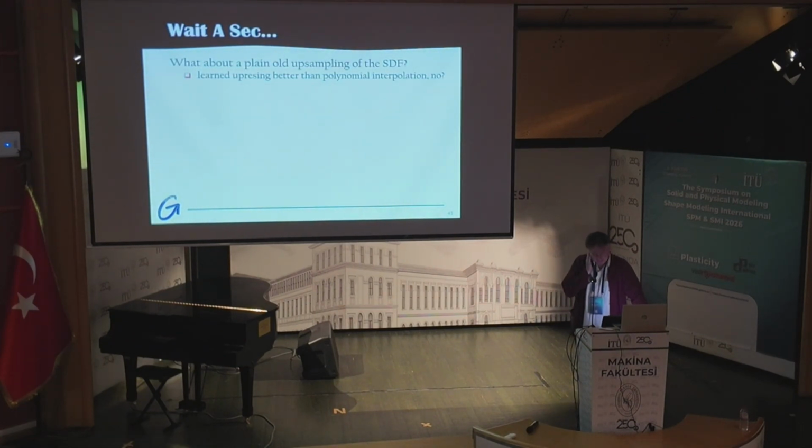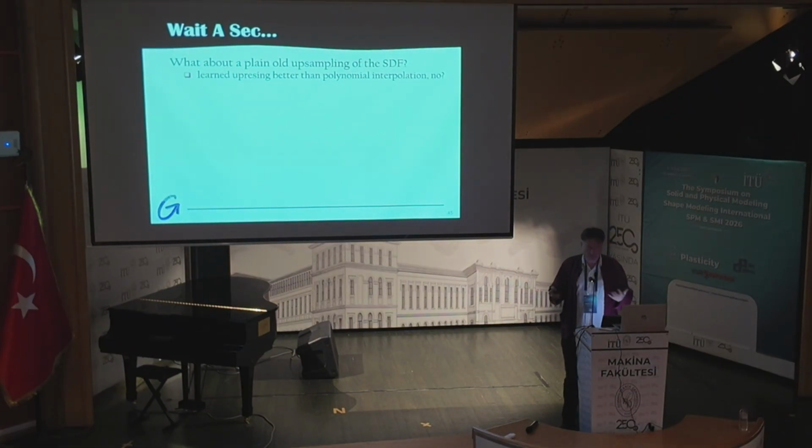But then we thought to ourselves, okay, we have to come up with all this primal dual Voronoi cells, Voronoi sites, etc. It seems a little bit complicated. It was great because we were using computational geometry to do machine learning. So I loved it. But then at some point we said to ourselves, wait, the whole point was to try to say polynomial interpolation, like piecewise linear interpolation, is a little bit sad to be used on signed distance function.